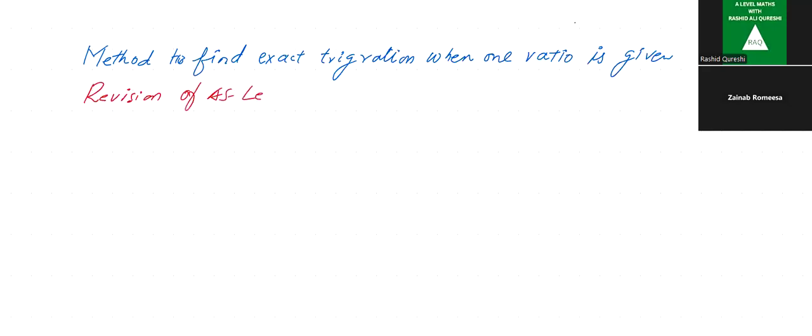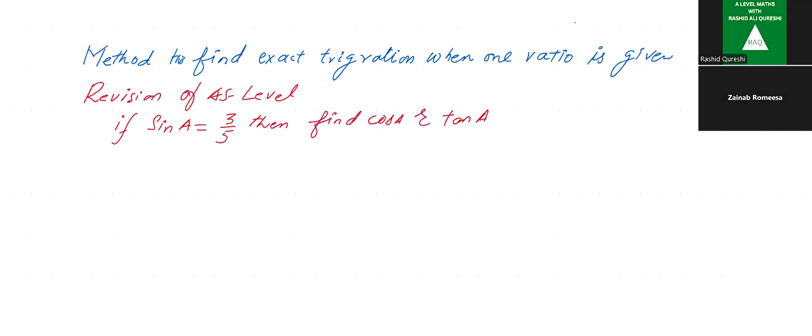The question is this one: if the sine of any angle A is given, suppose that it is 3 by 5, then find the value of cos of A and tan of A. This type of question we have already done in previous classes in the AS class.